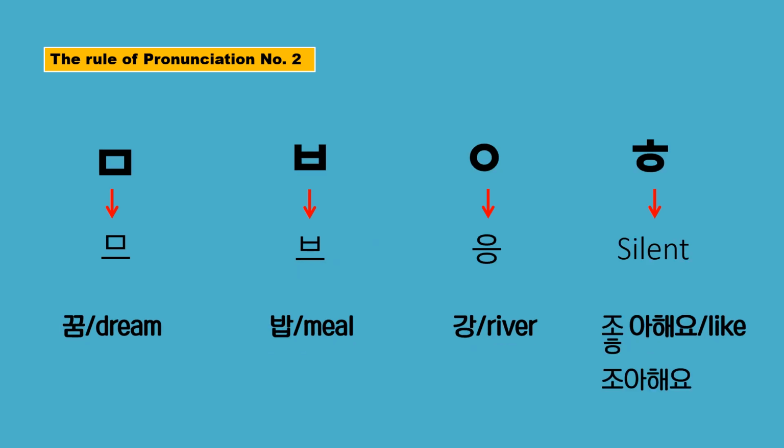All right. Pronunciation number 2. 미음 means m. 미음 means m. Okay, but not 구, 굼.